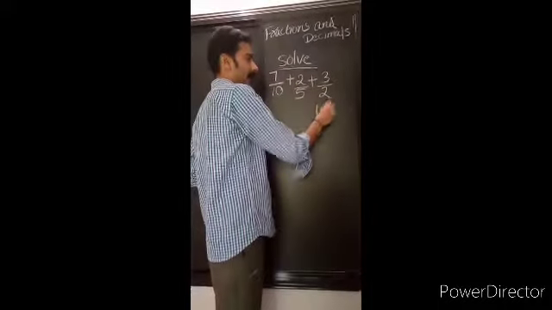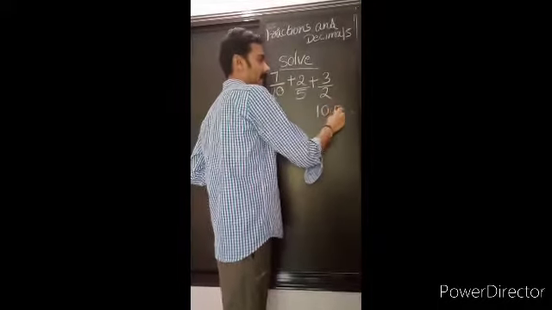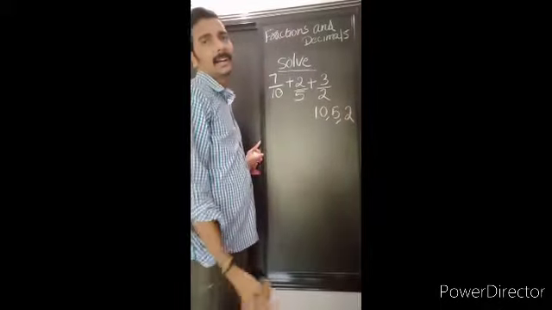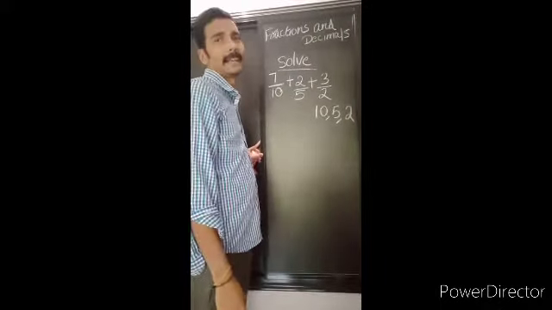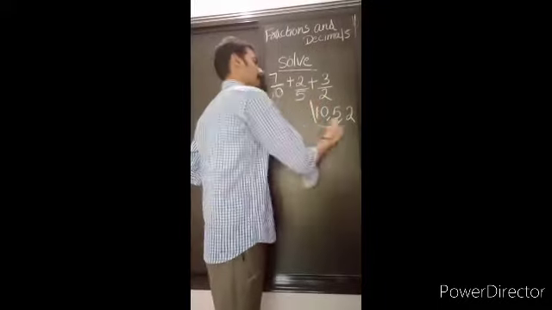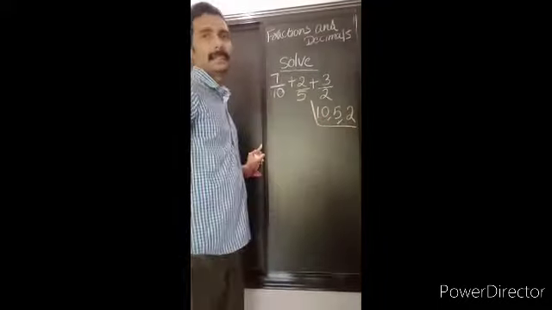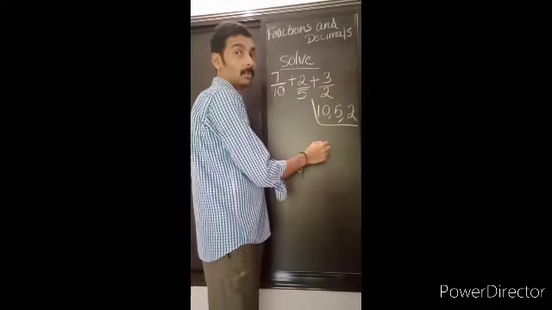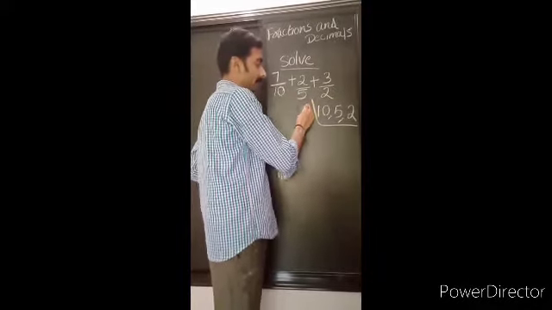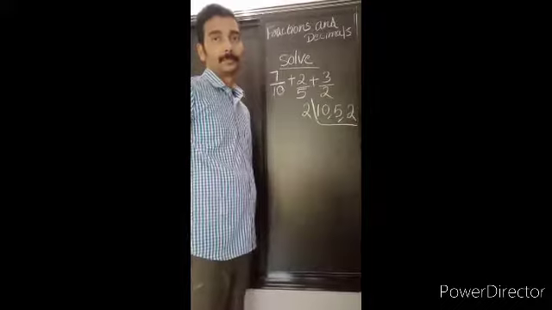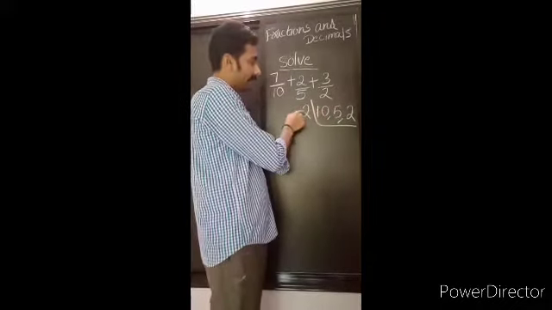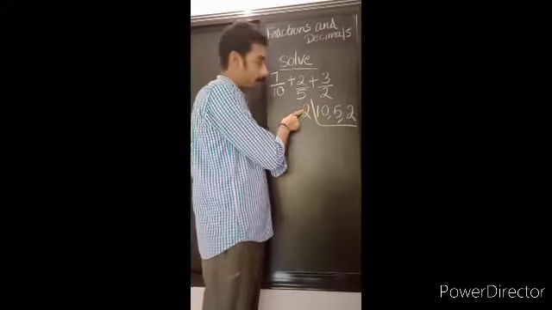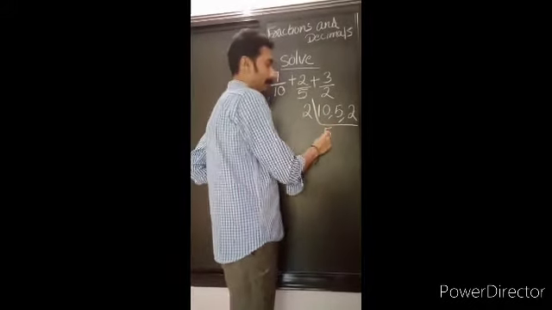First we find the LCM. 10 and 2 have a common factor, so it is divided by 2. 10 divided by 2 is 5.